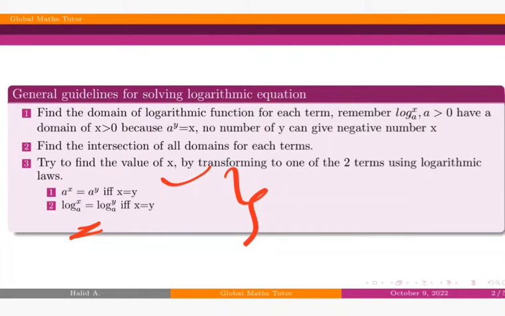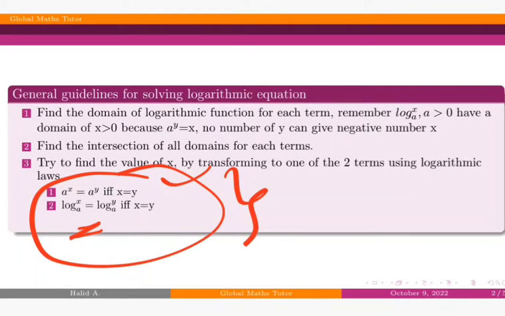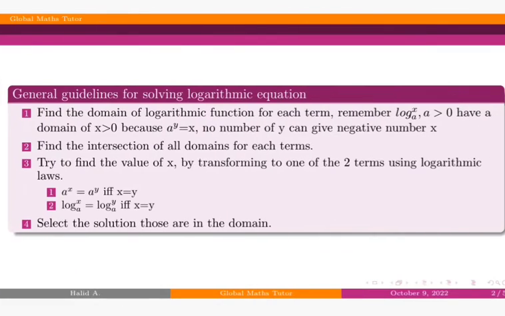After solving the value of x from one of the two methods, we need to check if the solution is in the domain or not. So the last thing we have to do is selecting the solutions that are valid, or those which are in the domain.